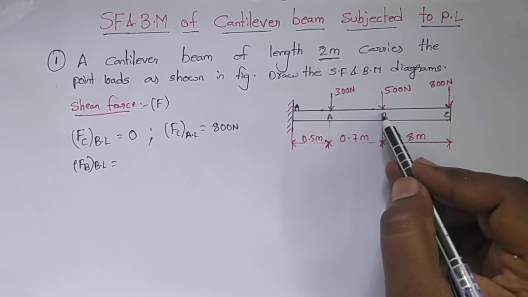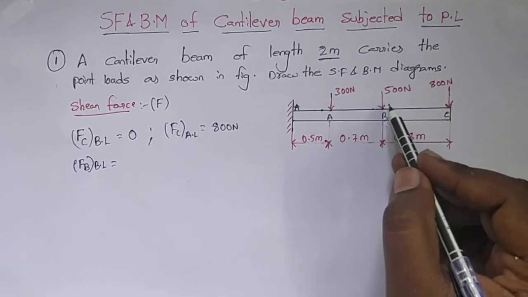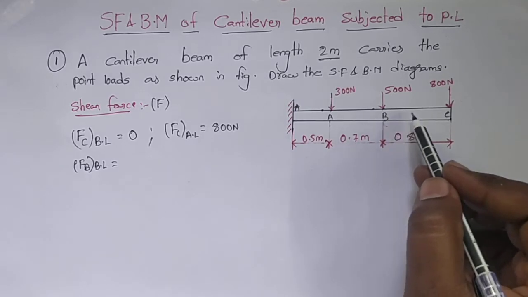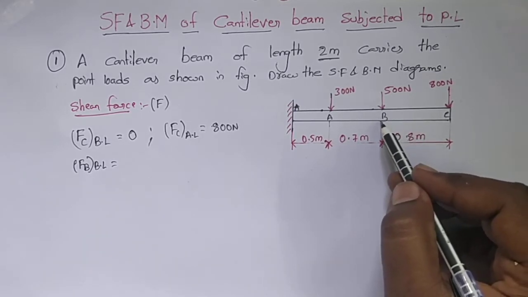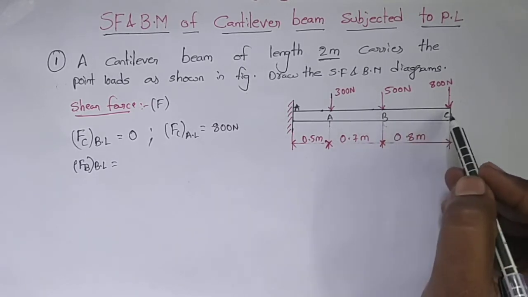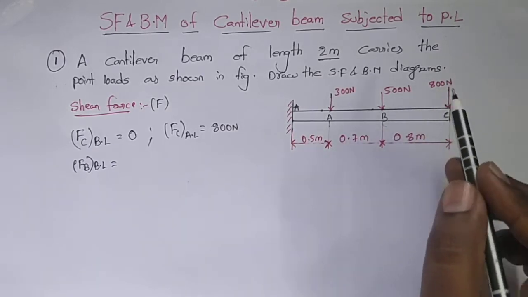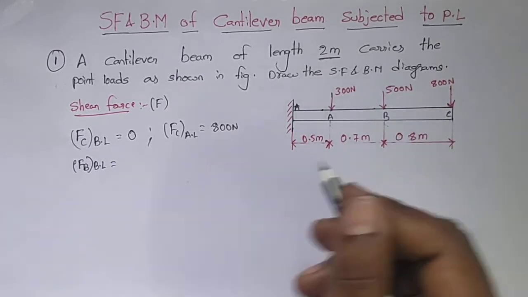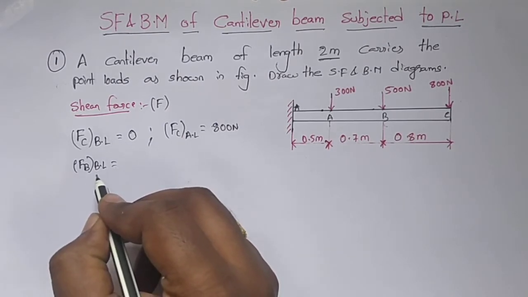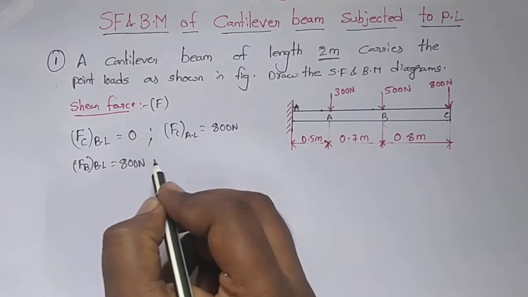Therefore, on the right side only one load is acting. Considering the section at point B, we need to add the algebraic sum of all the vertical forces acting on the right side of the section. Only one load acts there, so we consider that load. So the shear force at point B before load is taken as 800 newtons.